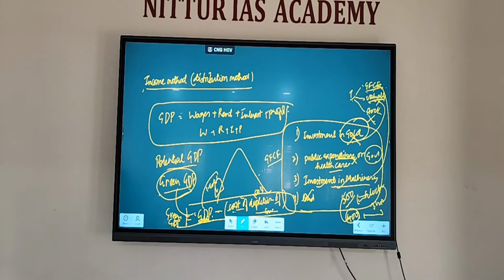Fine. So these are the major differences to keep in mind with regard to GDP and GVA.